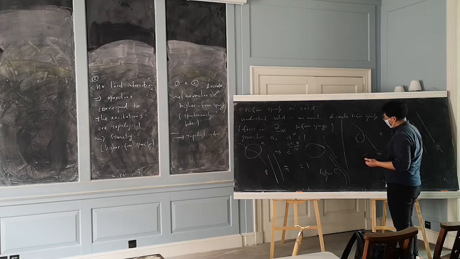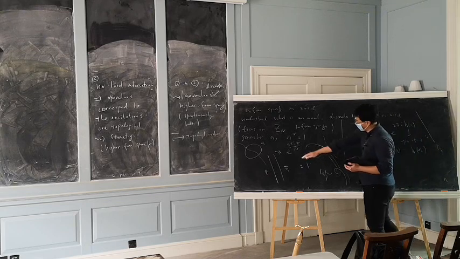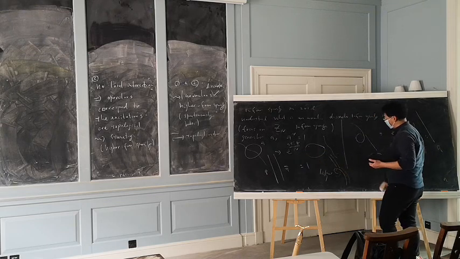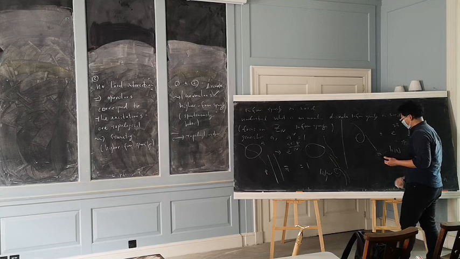And this twist should give you 1, because if you fuse A with A bar, it just gives you the identity.